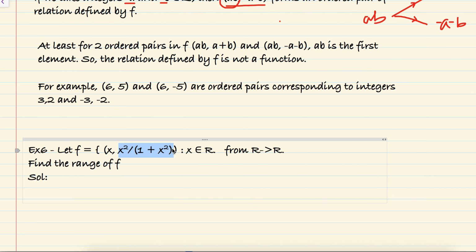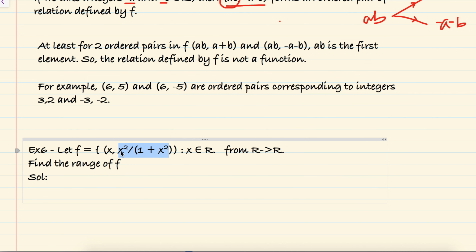So for any real number x, x square would be positive, and 1 plus x square would also be positive, more than 1. Say if x is minus 5, then we get 25 divided by 26. If we take any positive or negative real number, the numerator is always 1 less than the denominator. So this value is always less than 1. It can never become 1.